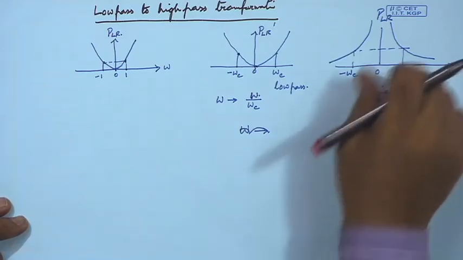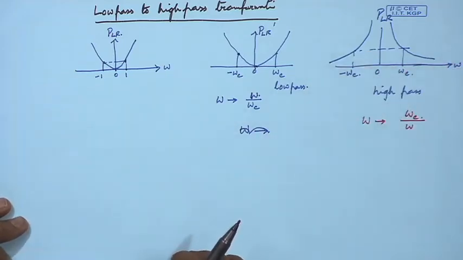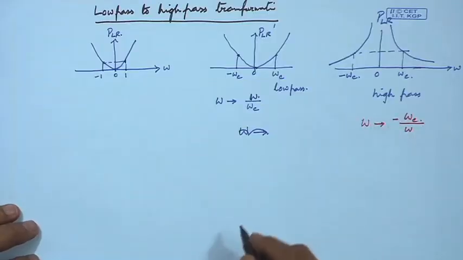But also when I do this, actually you know that high pass to low pass means the inductor and capacitor will be interchanged. But all the inductance and capacitance values L and C need to be positive. So, to do that I need to add a negative here.